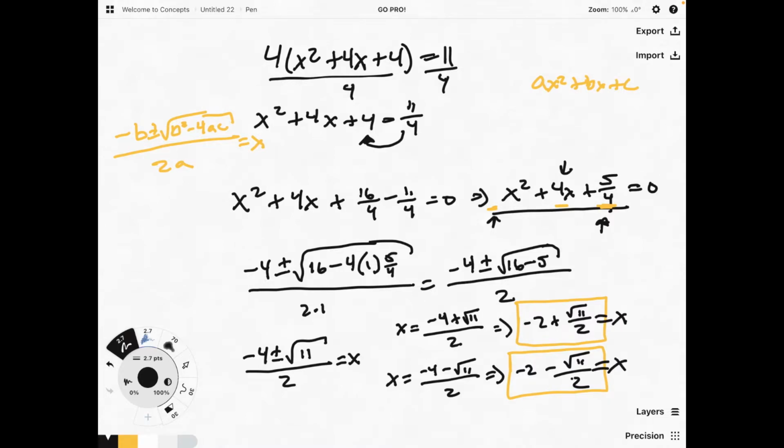And so if you plug in this value of x into this equation, you are going to get 0. Similarly, if you plug in this value into this equation, you're also going to get 0. Now, if we take a look at the discriminant, we see that the discriminant was a value that was greater than 0, because the square root of 11 is greater than 0.